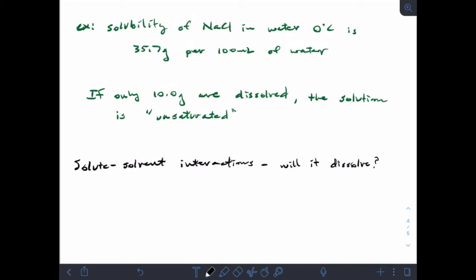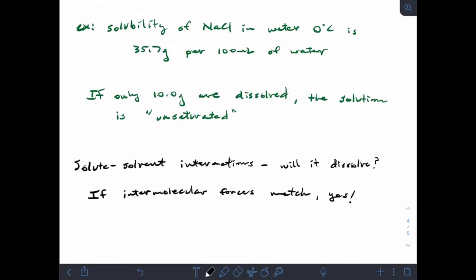So we're going to return to the concept of intermolecular forces. So if the intermolecular forces match, then yes, it will dissolve. Not question mark, it should be an exclamation point.